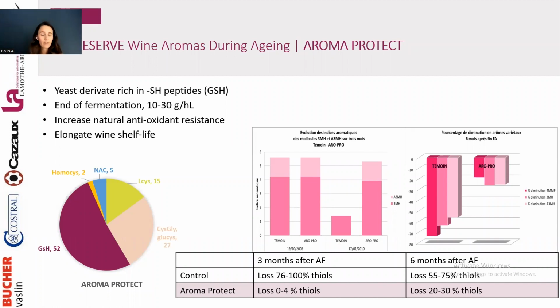So huge impact. It's a product that you can add once at the end of fermentation, but also very interesting to add when you do a transfer or when you move the wine and you know you are going to have some oxidation there. You want to protect your wine, you can add it at a smaller dosage, 5 to 10 grams per hectoliter every time you move the wine. So great tool to protect and preserve your wine aromas.